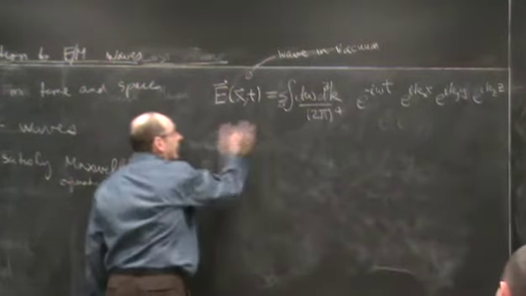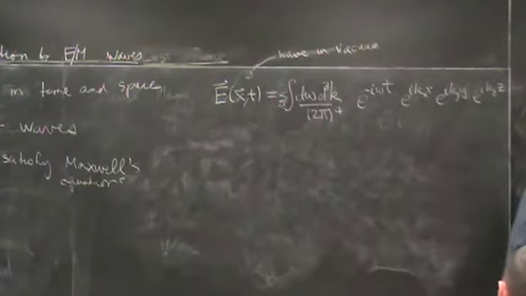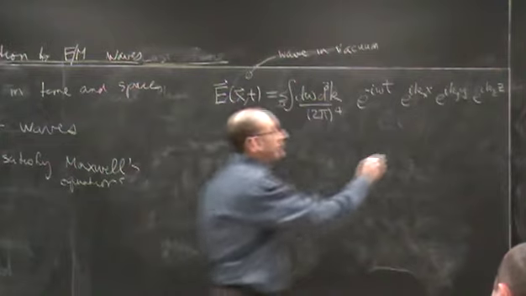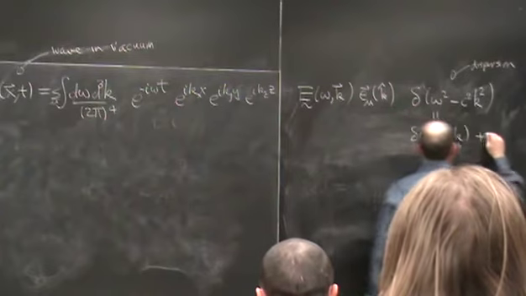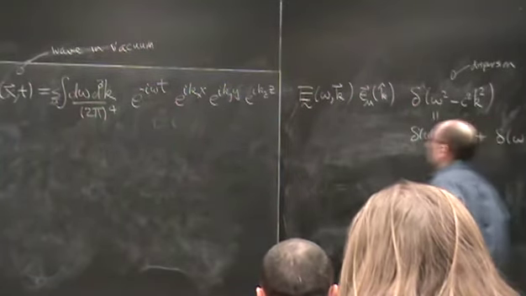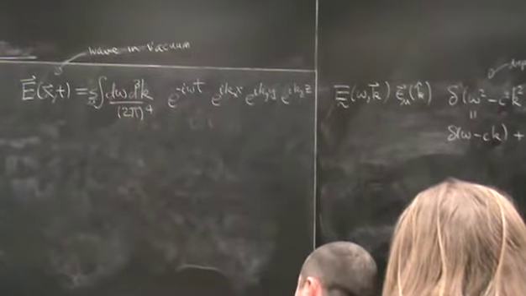Let's just look at E and B as written. The delta function has two roots, omega equals ck and omega equals minus ck. They correspond to waves propagating in different directions for a given k vector.